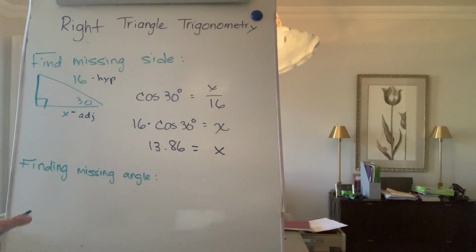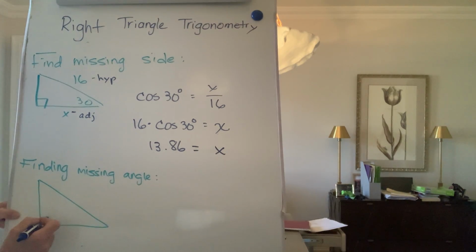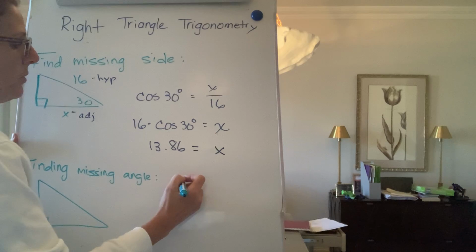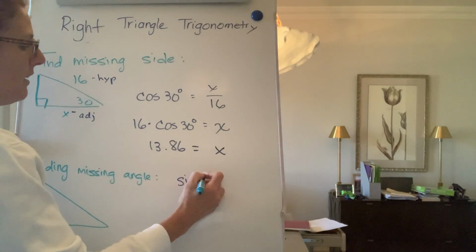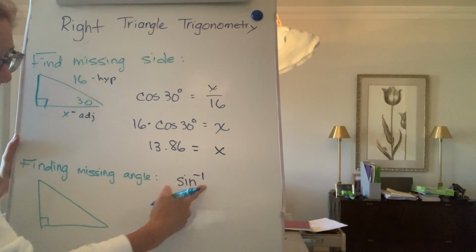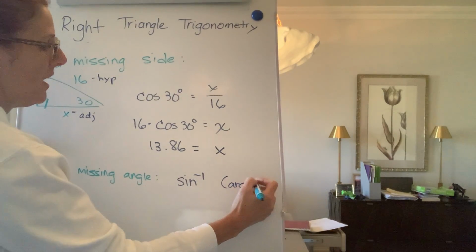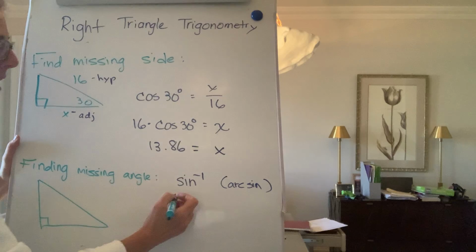All right, how about finding the missing angle? To find the missing angle, we are going to use our inverse functions. If you're using a side, you want to use sine -1, meaning inverse. Remember, this means inverse. It is also called the arc sine. Sometimes you'll see that on old calculators.